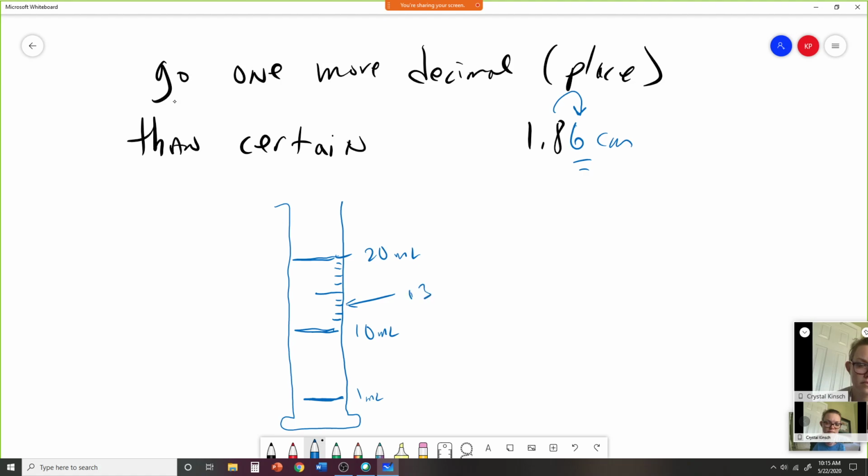That would be 13 milliliters. Each tick mark is 1 milliliter. If I measure using this graduated cylinder, it's going to have a little bit of a curve to it. It's filled up to that point, and we're going to measure from the bottom of that curve, right there on the bottom.